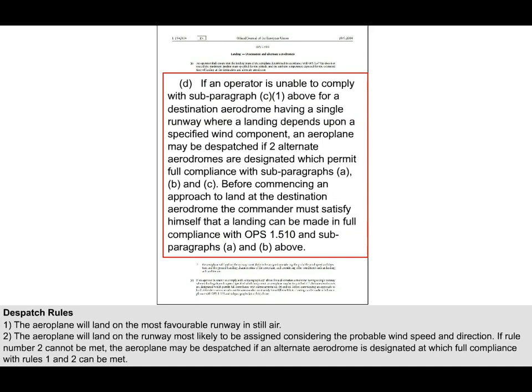If the still air requirement cannot be met, the aeroplane may be dispatched only if there are two alternate aerodromes at which full compliance of the regulatory dispatch requirements can be met.